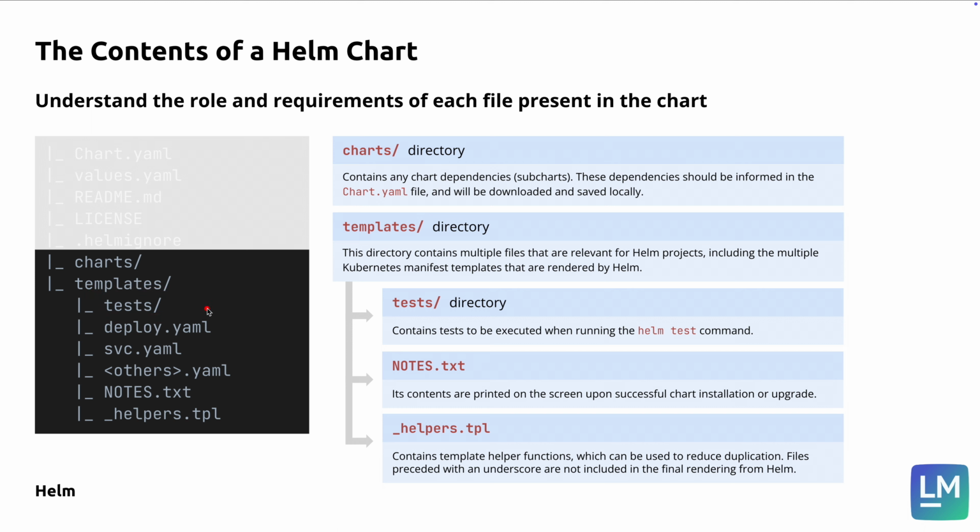The goal of this lecture is really to introduce you to the overall structure of the charts, as well as the main components you might come across when either building your own charts or inspecting already published Helm charts. But for now, I believe that we have a pretty good overview of what we can find in Helm charts. Let's then take a short break and come back in the next lecture to continue with our discussion.